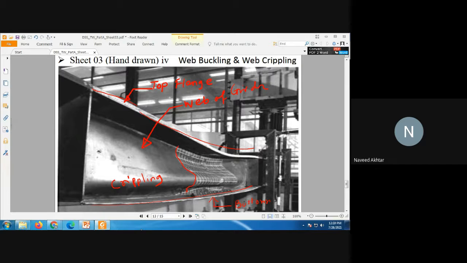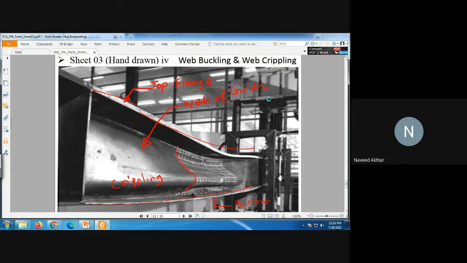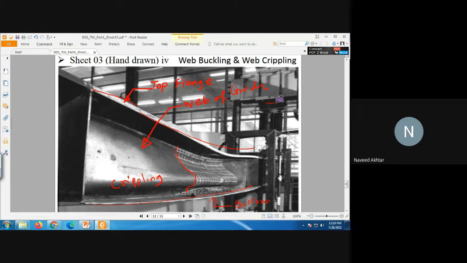Web is nothing but part of the I section. This is the I section. So this is the flange portion, right, and this is the web portion. Okay, so two parts are there in an I section.